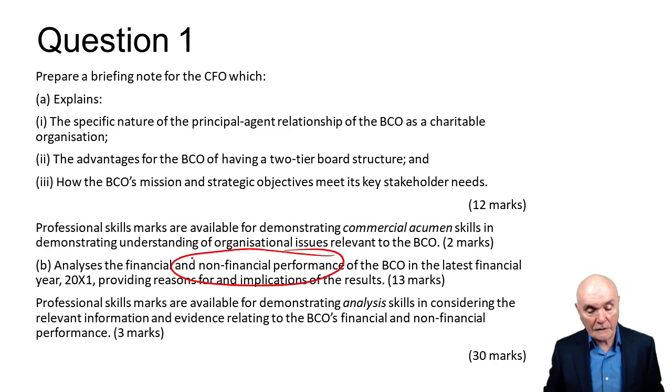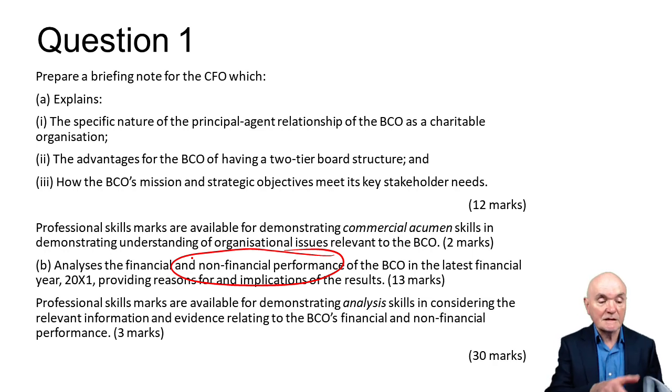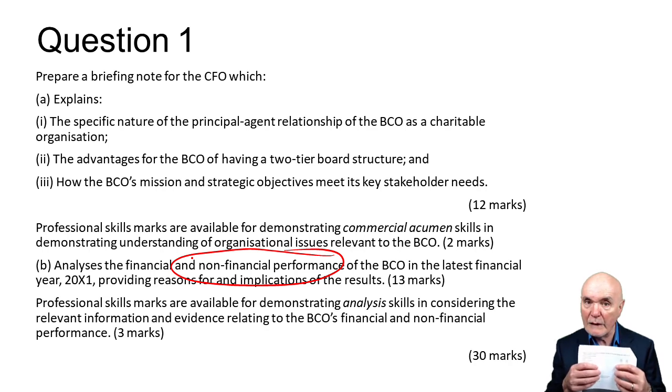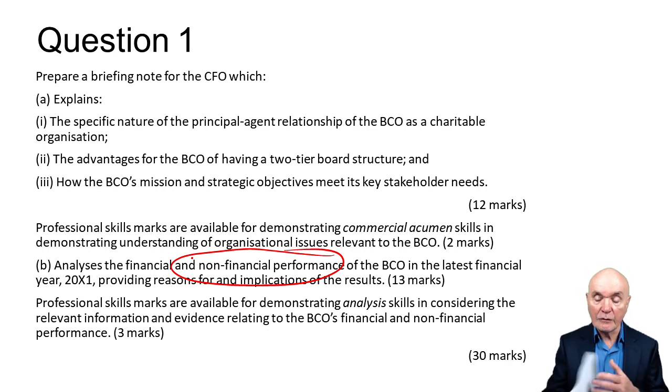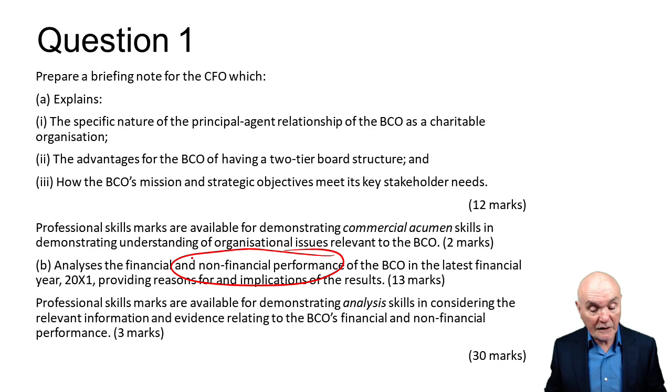we have the results in one of the exhibits here, and one of the problems you need to be aware of as accountancy students is that you go and grab with great relish the financial results, and we'll be comparing x1 to x0.